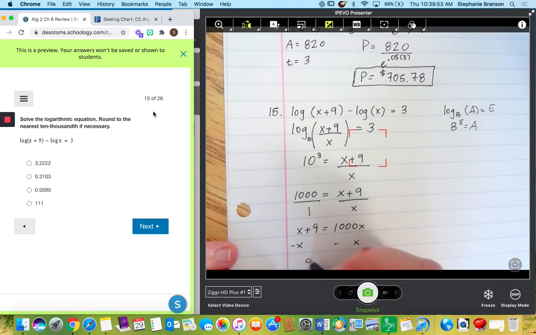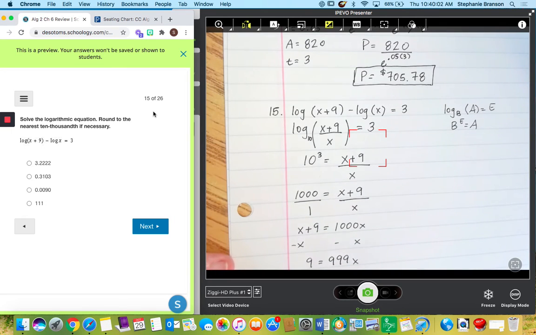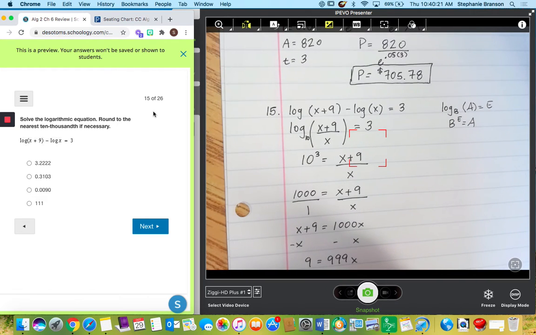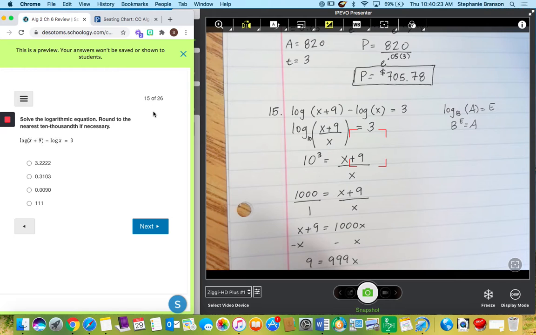So we're going to have 9 is equal to 999x. So now we will have 9 over 999 equals x. Well, 9 divided by 999 is 0.0090 equals x.